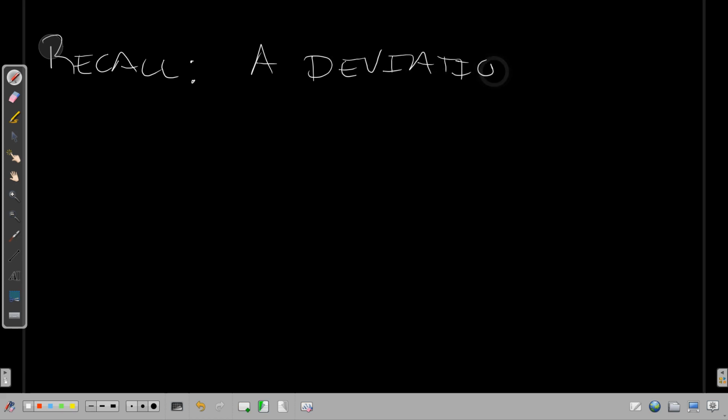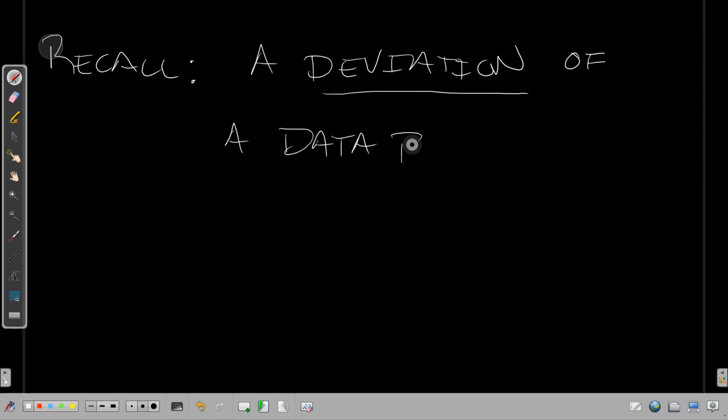So let me first remind you what it meant to be a deviation. A deviation of some data point was just how far it was from where we expected it to be.